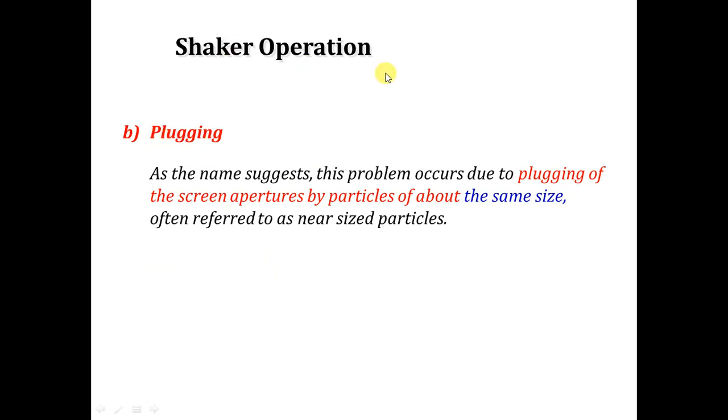Number B, from the shaker operation, is called plugging. Plugging, as the name suggests, occurs due to the plugging of the screen apertures by particles of about the same size, often referred to as near-sized particles. So the plugging happens when the size of the solids is nearly the same as the apertures.